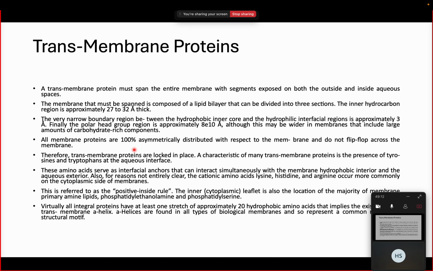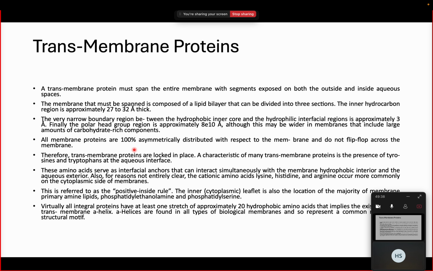Also, for reasons not entirely clear, the cationic amino acids like lysine, histidine, and arginine occur more commonly on the cytoplasmic side of the membrane. These are positively charged amino acids, and this is called the positive inside rule.